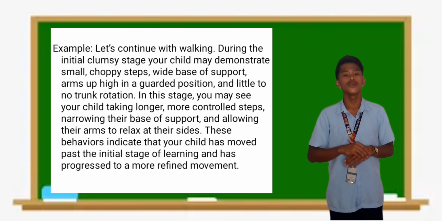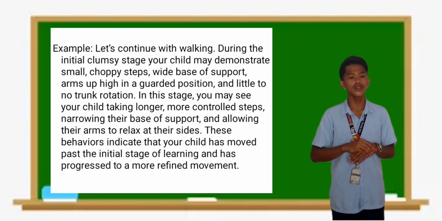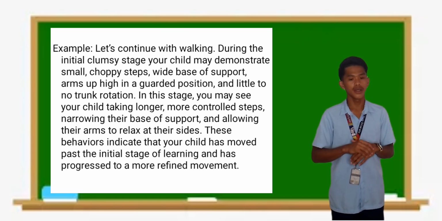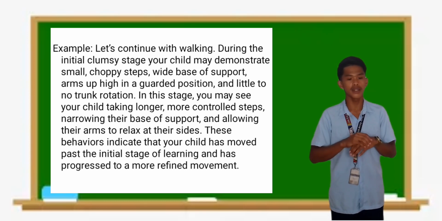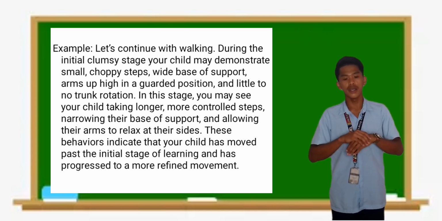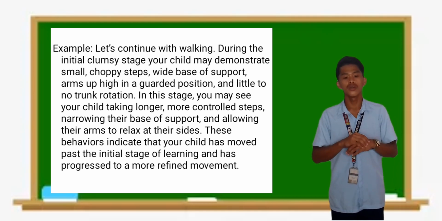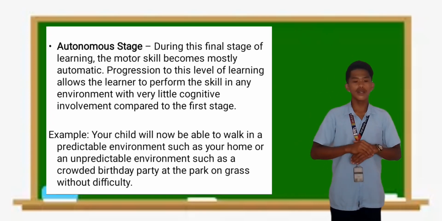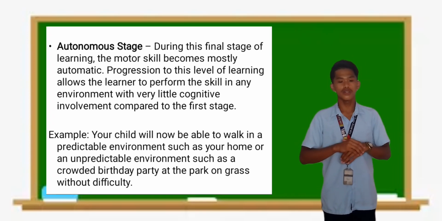In this stage, you will see your child taking longer, more controlled steps, narrowing their base of support, and allowing their arms to relax at their sides. This behavior indicates that your child has moved past the initial stage of learning and has progressed to more refined movements. The next stage is the autonomous stage.